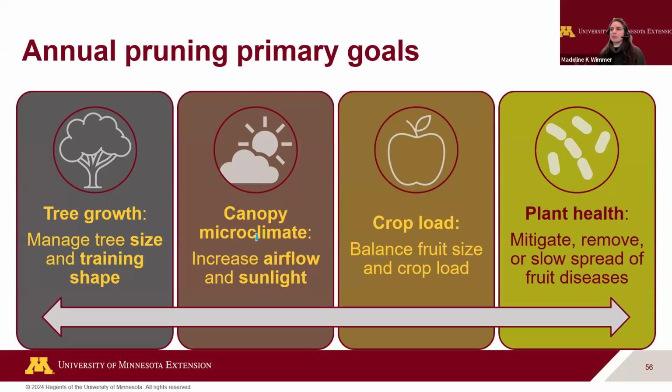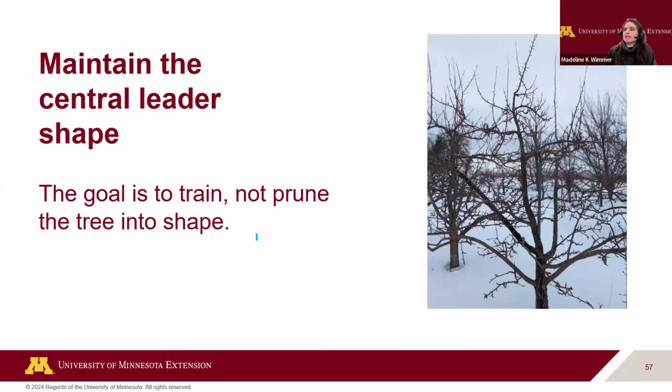Again, having a good canopy microclimate is going to be creating a healthy canopy that can decrease the likelihood of disease. But when you're pruning, you also just want to be aware of if you do have any diseases in your orchard or your area, and how do you work with that tree in a way where you're not spreading those diseases? How do you mitigate spreading diseases further? So as I mentioned, we really want to train the tree into a central leader shape and not prune it into that shape.